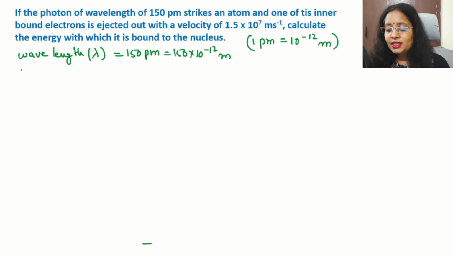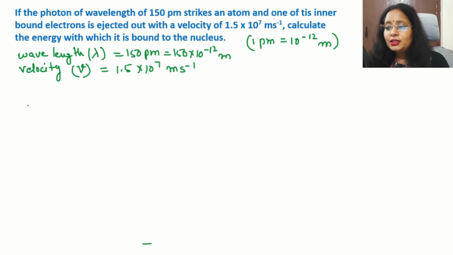Next thing given is the velocity, denoted by v. Its value is 1.5 into 10 to the power 7 meter per second.